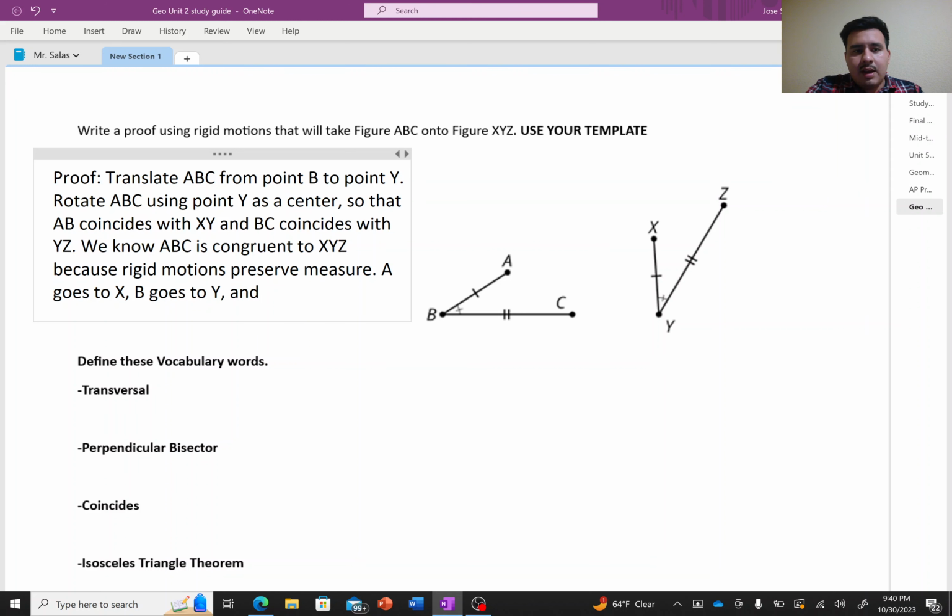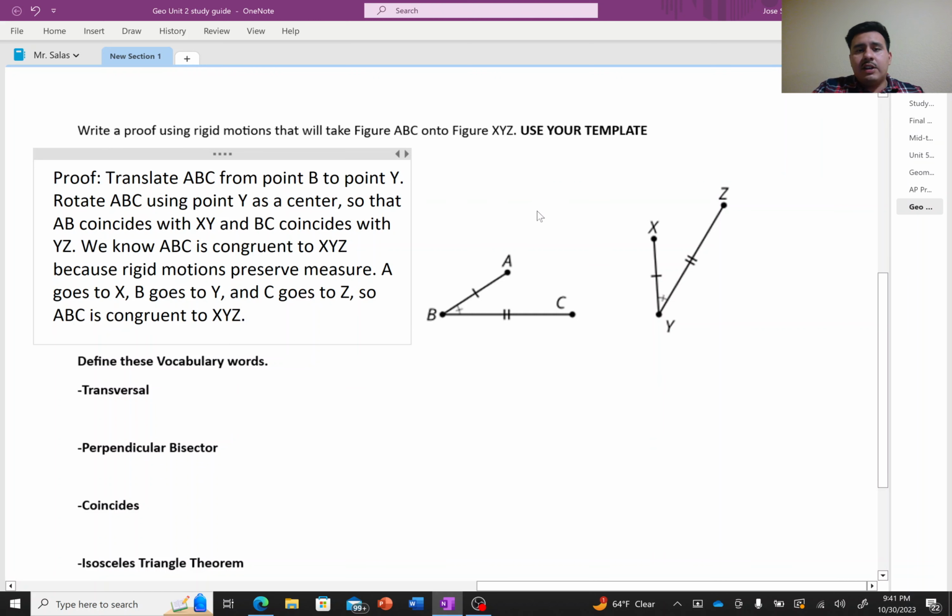B goes to Y, and C goes to Z. So ABC is congruent to XYZ. Ta-da! And there is our proof.